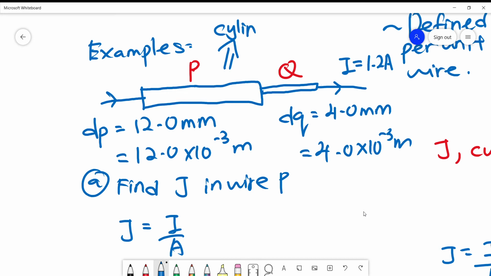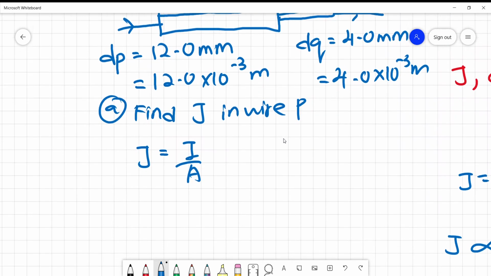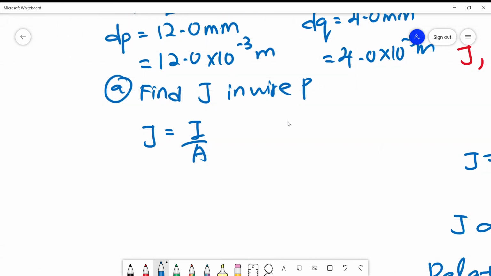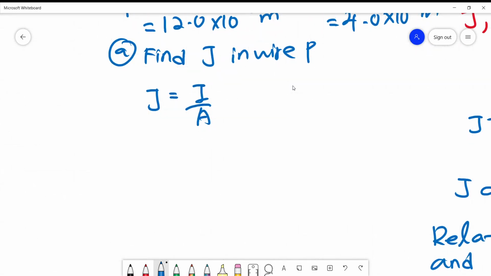For the cylindrical shaped wire, the cross-sectional area that we know is a circle. So I can say that the cross-sectional area for my cylindrical wire P is pi r square.